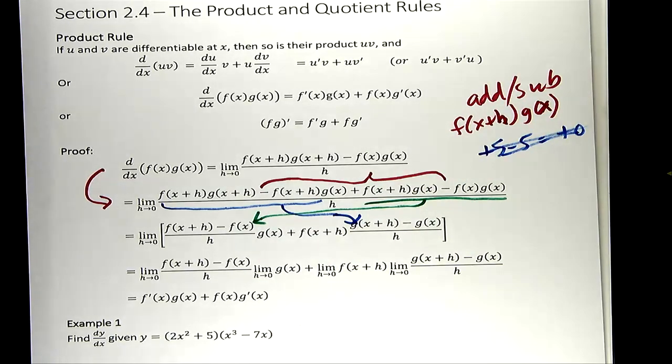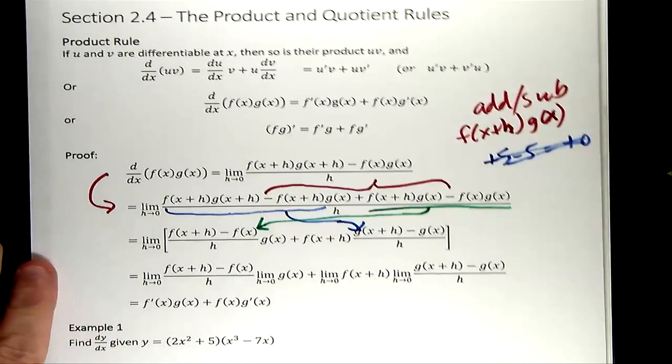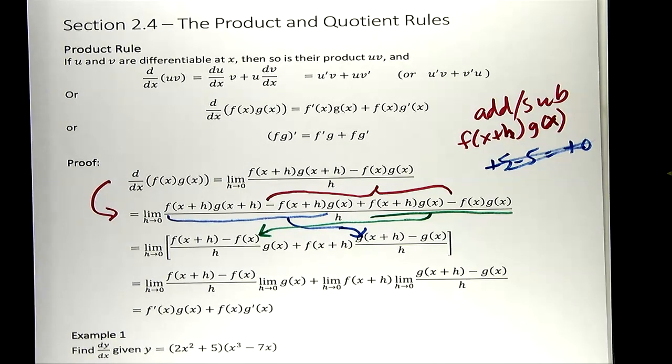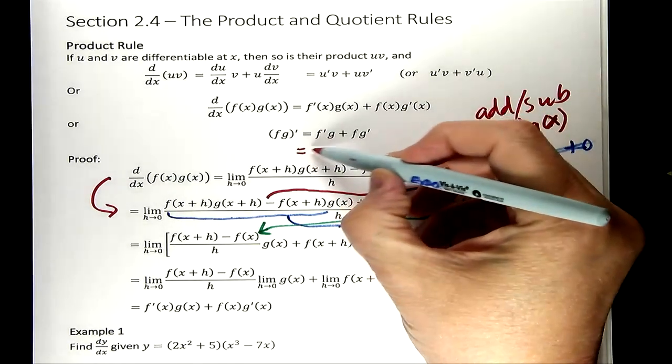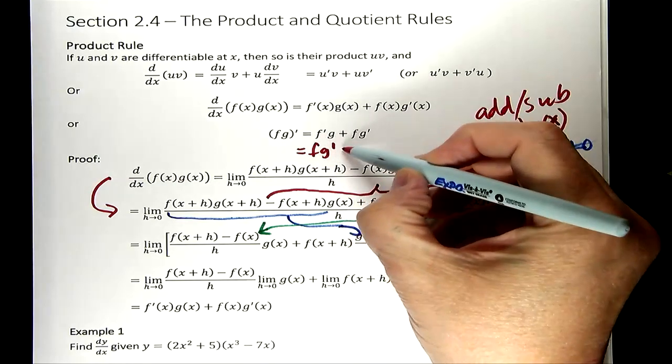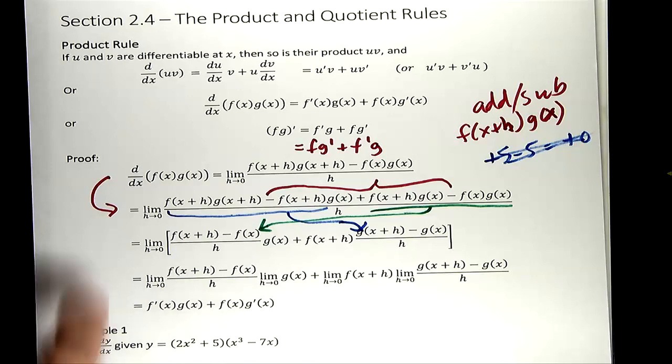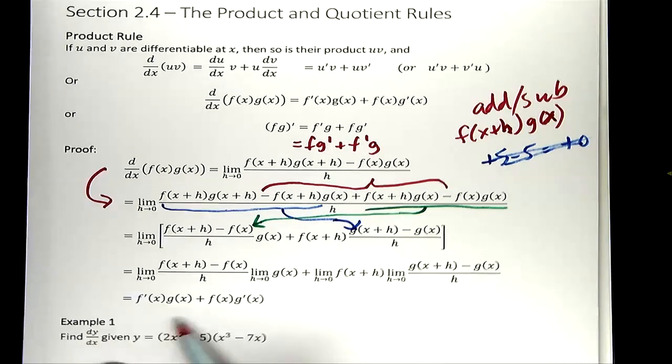I changed the order of them, different than the book does. Almost every book on the planet writes this as fg prime plus f prime g, because if I left them in the same order, these would be switched.